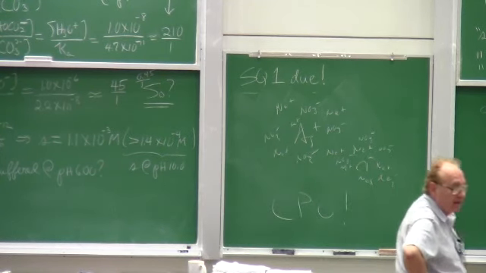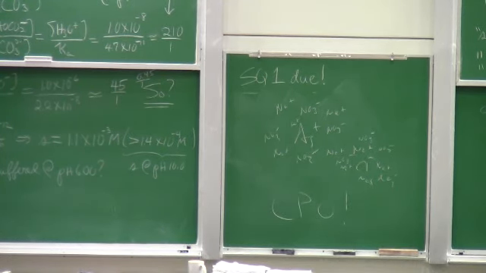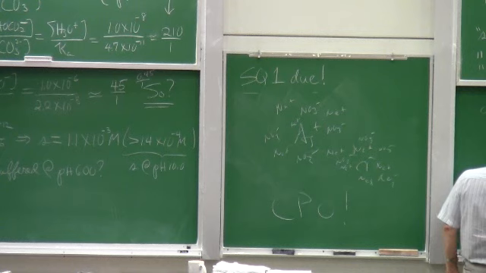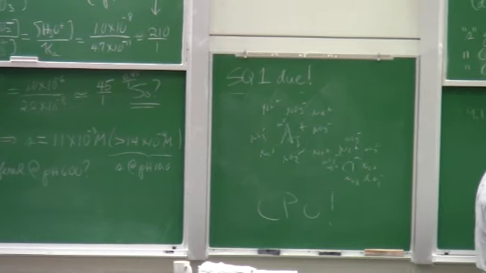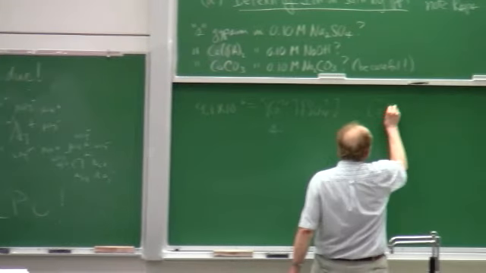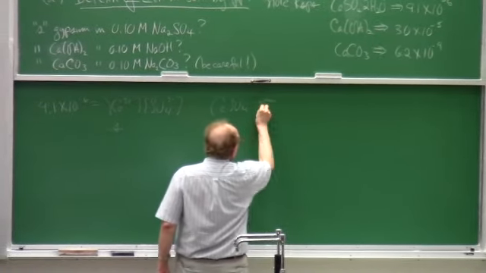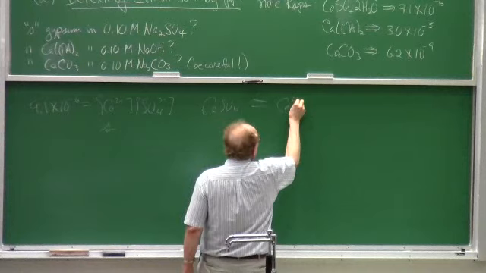Now what's the solubility of calcium sulfate in my 10th molar sodium sulfate solution? Aha! Now, this is still S, because I'm looking at calcium sulfate. I'm going to leave out the waters just for speed.